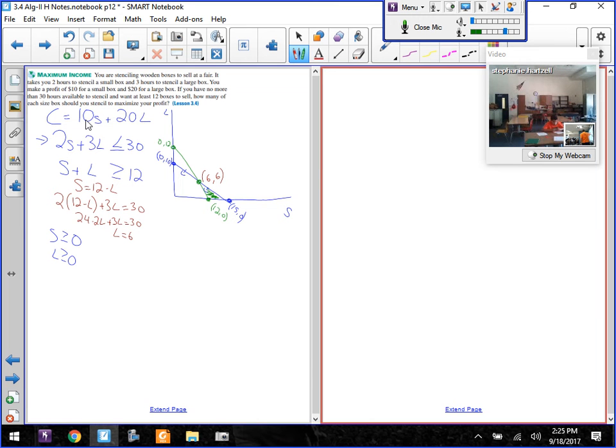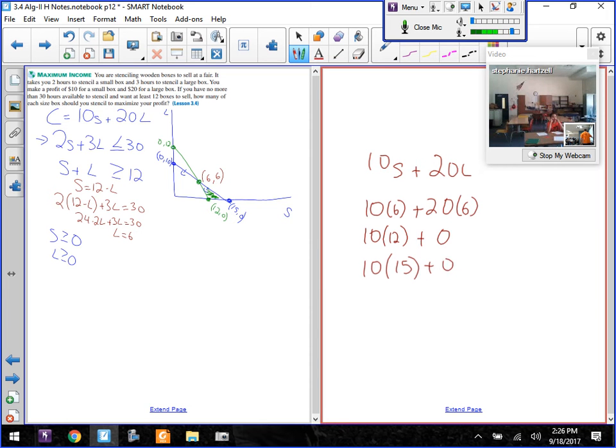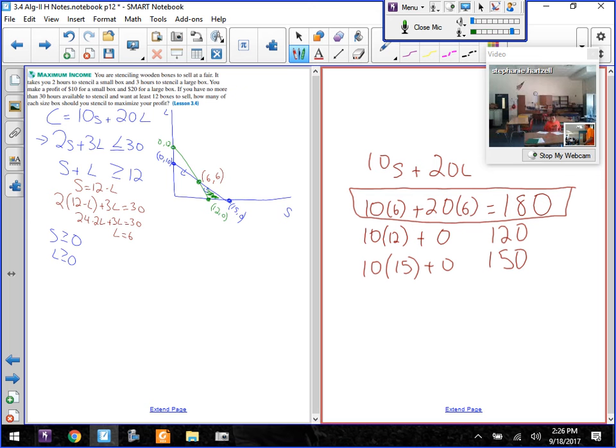So we had 10S plus 20L. 10 times 6 plus 20 times 6. 10 times 12 plus 0. And 10 times 15 plus 0. Well, this is 60 and 120, 180. So I need to make and sell 6 of each.